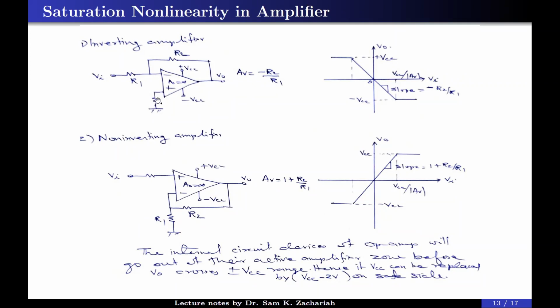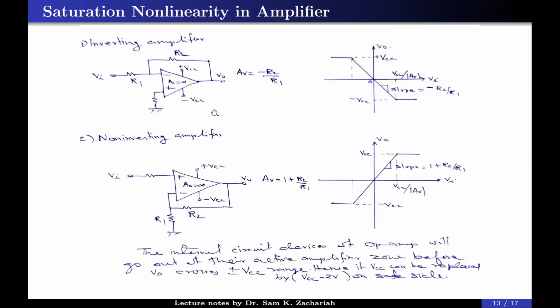Both will be 0 voltage if we neglect any input bias current. So for all practical purposes, we will assume that the voltage at both these terminals is equal, assuming infinite gain for the op-amp.